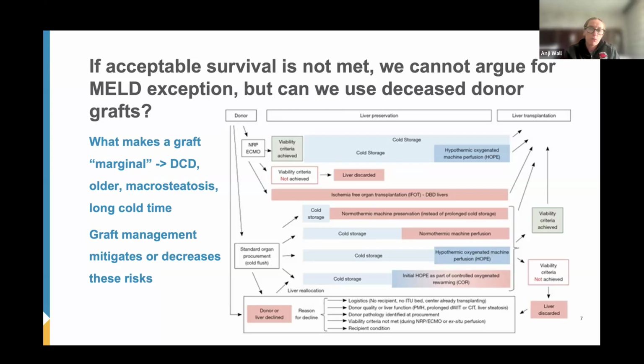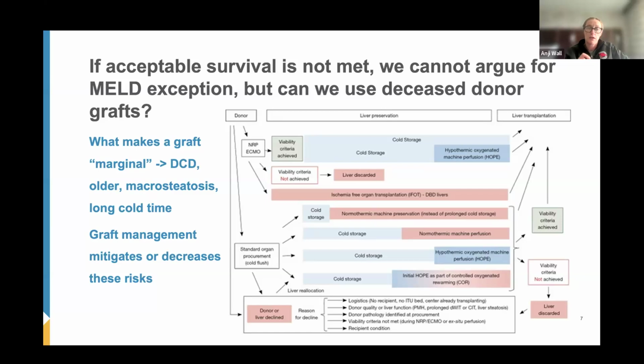But the reason I have this diagram on this slide is that I think the bigger argument is that the risk of extended criteria grafts can be mitigated, or at least decreased, by utilizing machine perfusion technology.